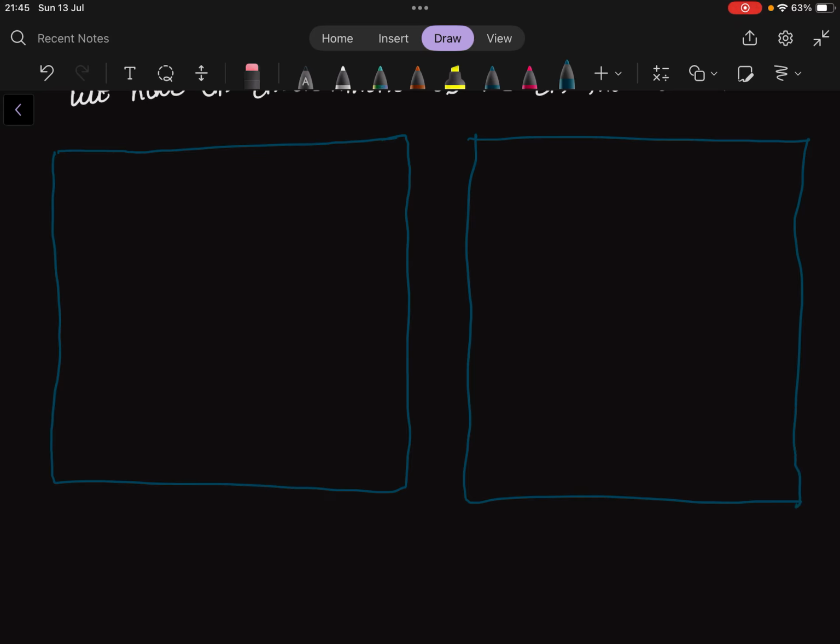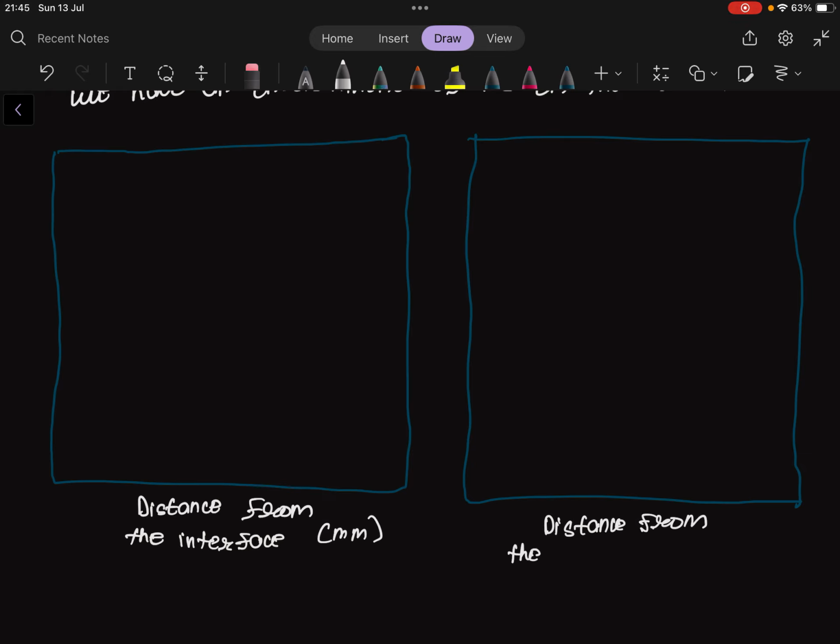So on the x-axis we have the distance from the interface, in millimeter. Also here, distance from the interface in millimeter.